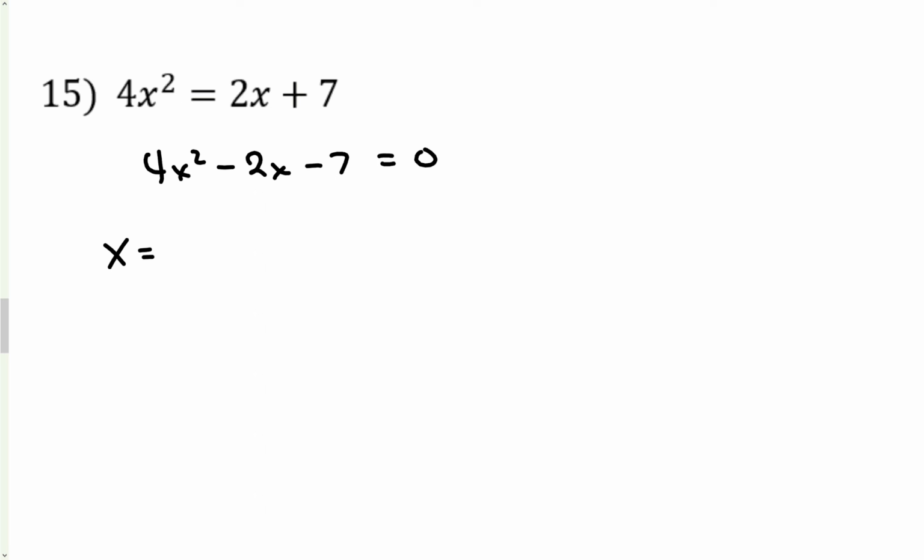So we have negative b, so that's negative negative 2 turns to positive 2, plus or minus the square root of b squared minus 4 times 7 times 4, which gives me a positive 112, over 2 times a.